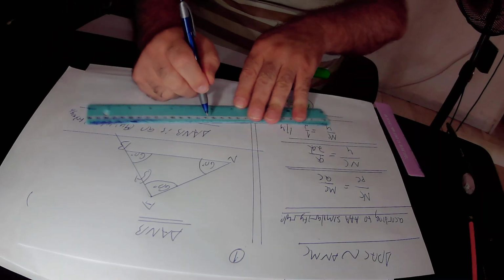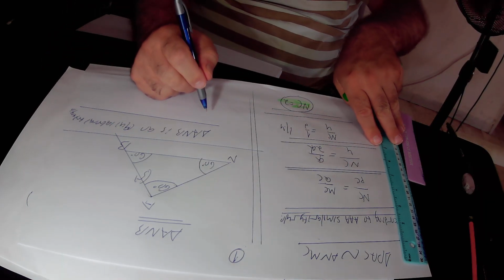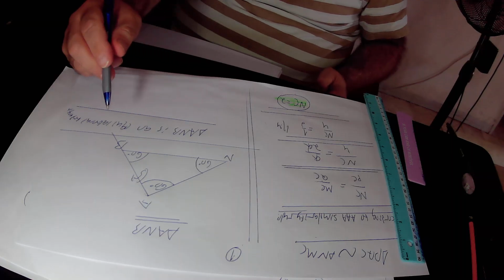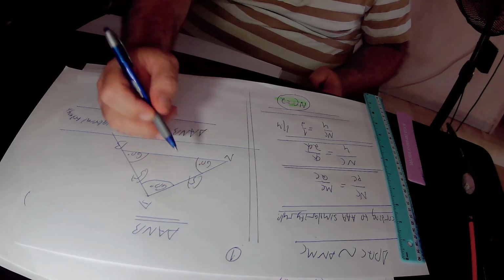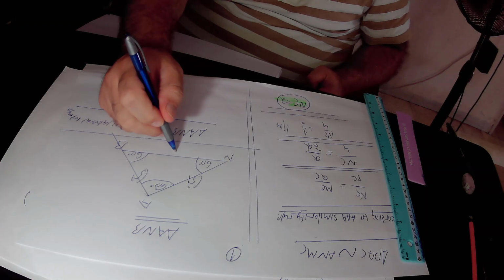We know that all the sides of an equilateral triangle are equal to each other. AB equals 5, therefore AN must also be equal to 5, and NB must also be equal to 5 units in its length.